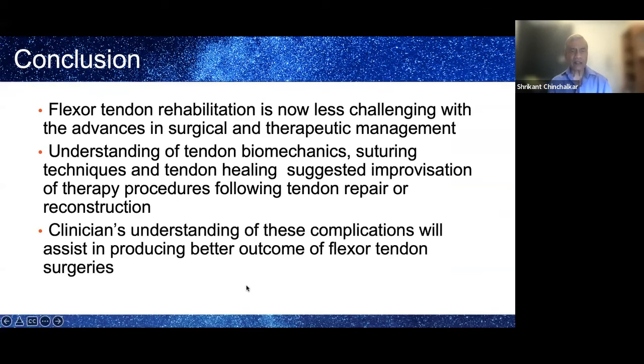And therefore, it is important that we as clinicians understand these complications so that we can minimize them right from the beginning. And if they're starting to form as the patients are progressing through their healing phases, then we can prevent them so that the patients have better excursion of the tendons and better hand function.